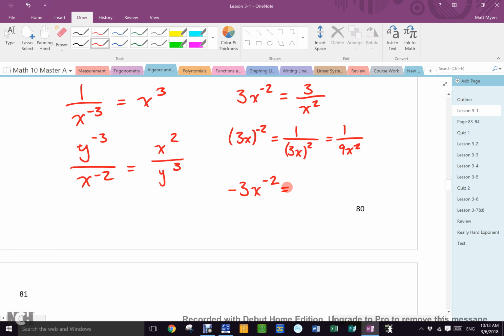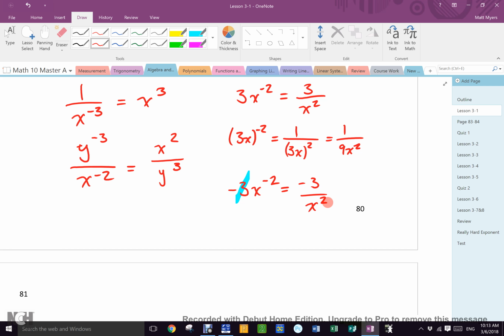Negative exponent. Is that okay? Yes. So that still stays negative 3 over x to what exponent? Positive 2. Negative bases? Okay. Negative exponents? Everybody good? All right, now, that's everything you need to know.